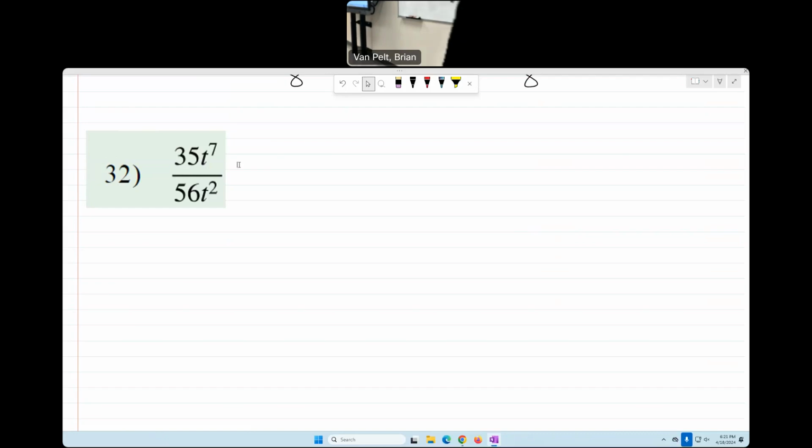Let's take a look. As far as the numbers are concerned, I can cancel: 7 goes into both 35 and 56. So 7 goes into 56 8 times. Now what I do is I look at it, the bigger exponent is in the numerator. So I'm going to subtract, divide out this one here and put a -2 up there.